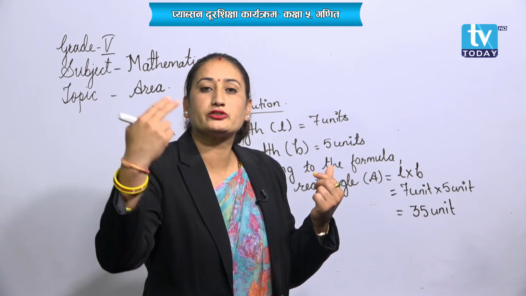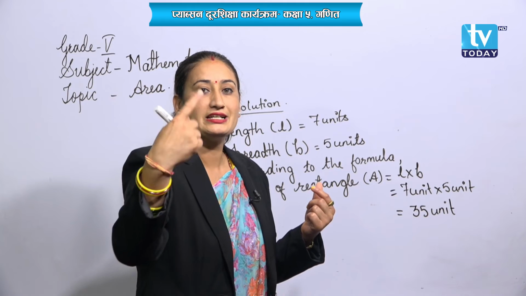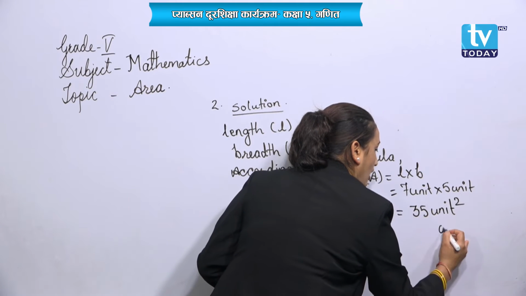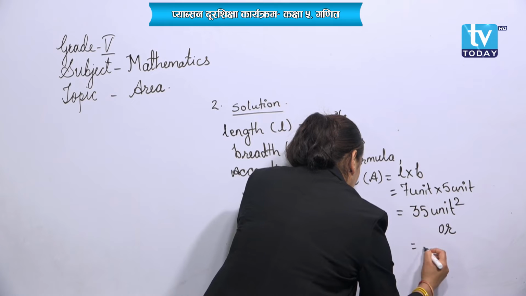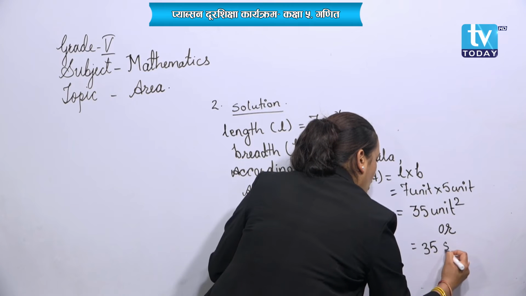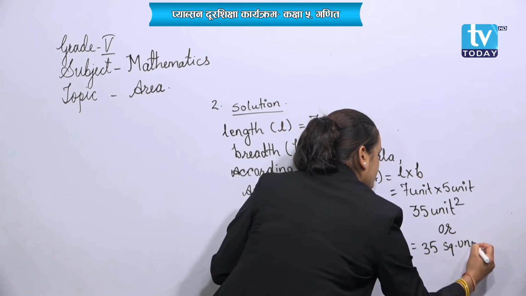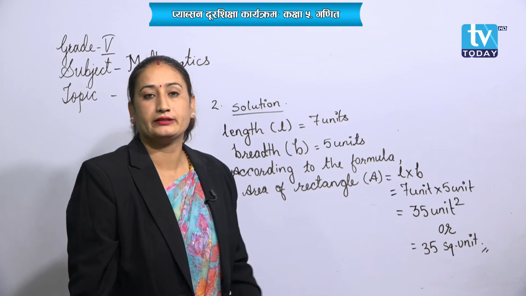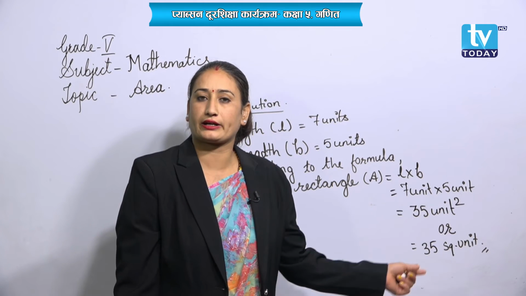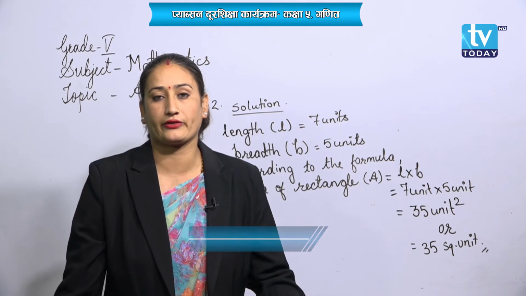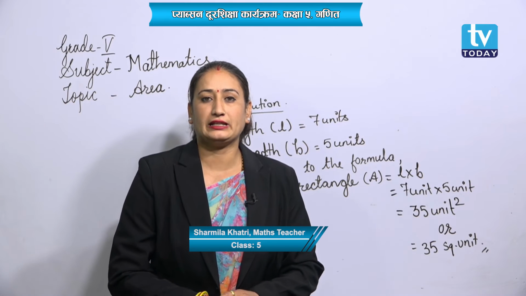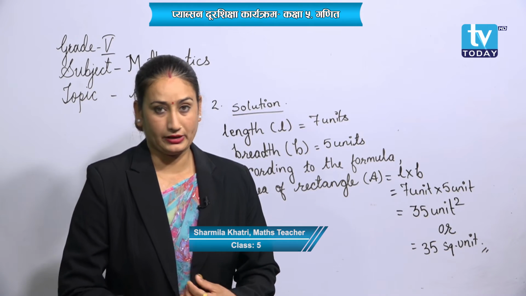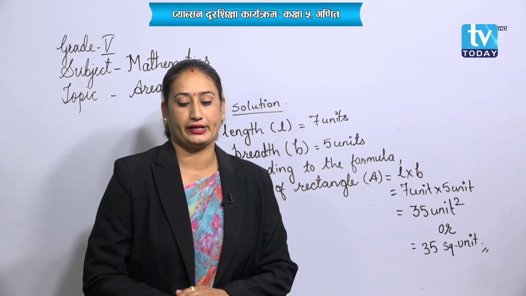So unit into unit will be unit square, or we can write it as 35 square unit. Which answer you prefer depends upon you. Both are correct. So you can write whichever you feel is easy. Done. Okay students, that means we are using our formula over here.